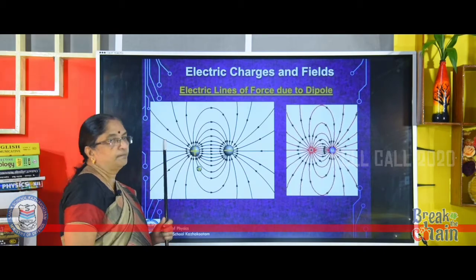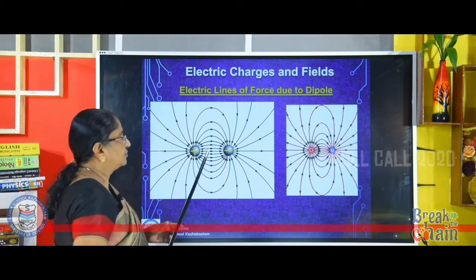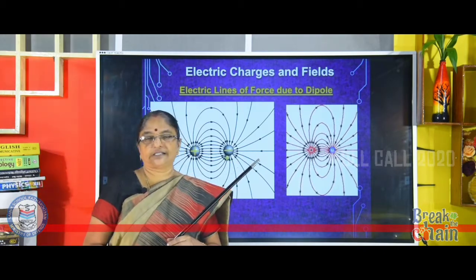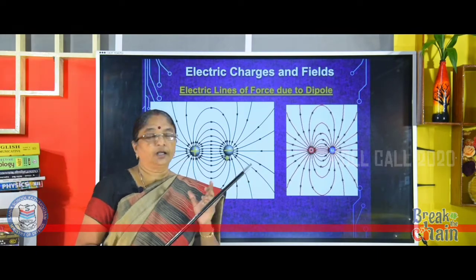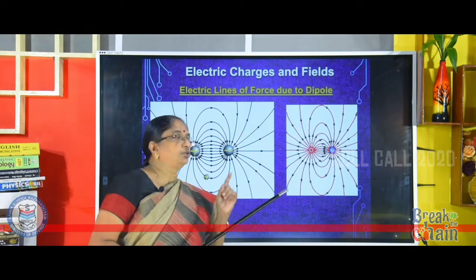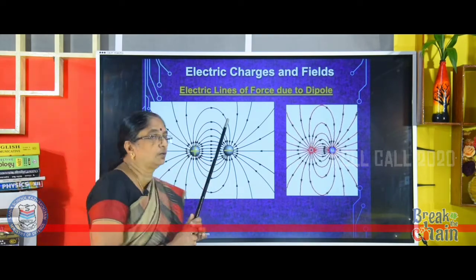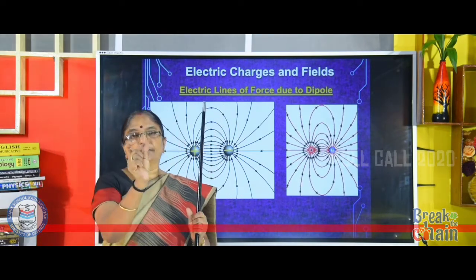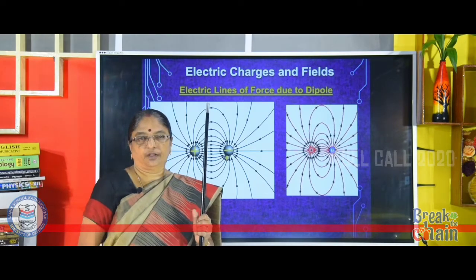See another one, electric lines of force due to a dipole. We will see the dipole in detail. A dipole simply means two equal and opposite charges separated by a small distance.